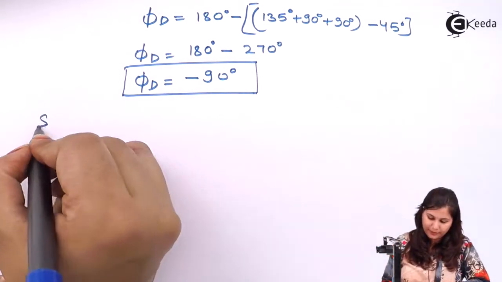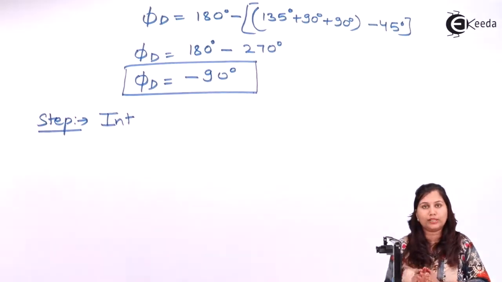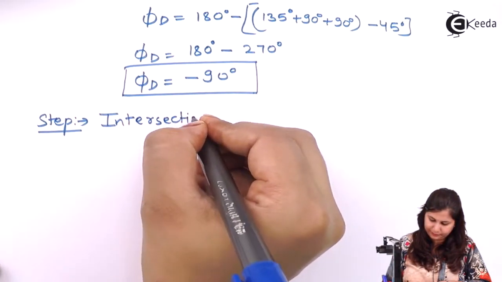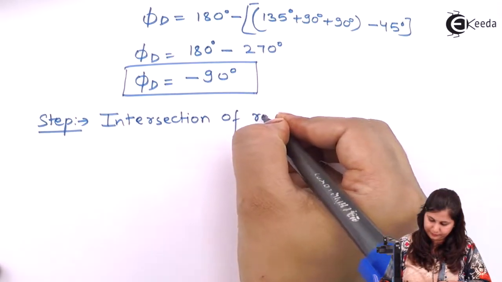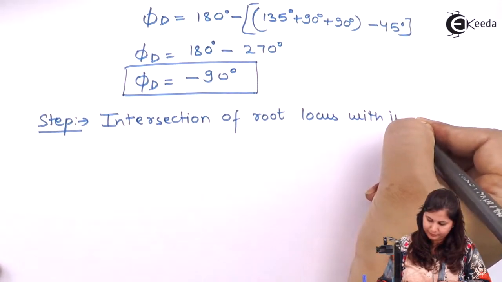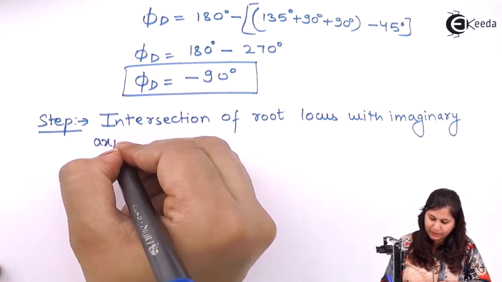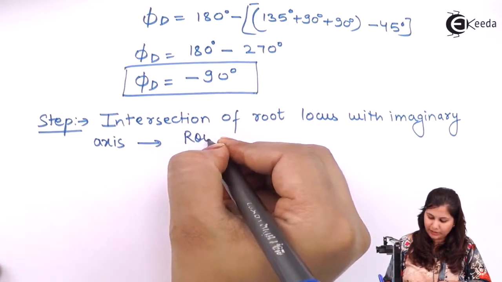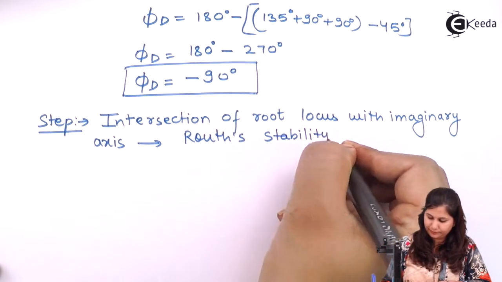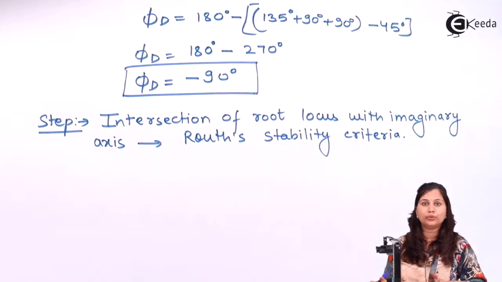Now the next step will be to find out the intersection of the root locus with the imaginary axis. For this, we will use the Routh stability criteria. And for Routh stability criteria, we will form the Routh array.